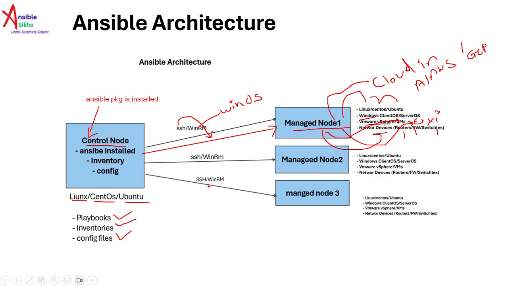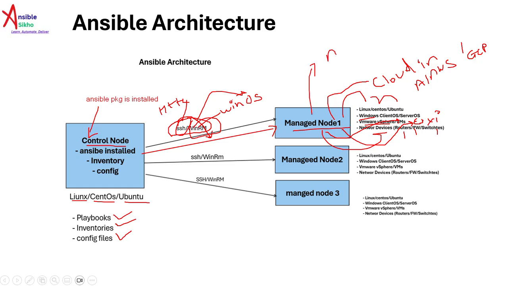Accordingly, it makes use of SSH in case of Linux-based and WinRM in case of Windows OS. Apart from this, it is not leveraging any other connection protocol. It uses HTTPS as well based on the condition, if it is connecting to an API.